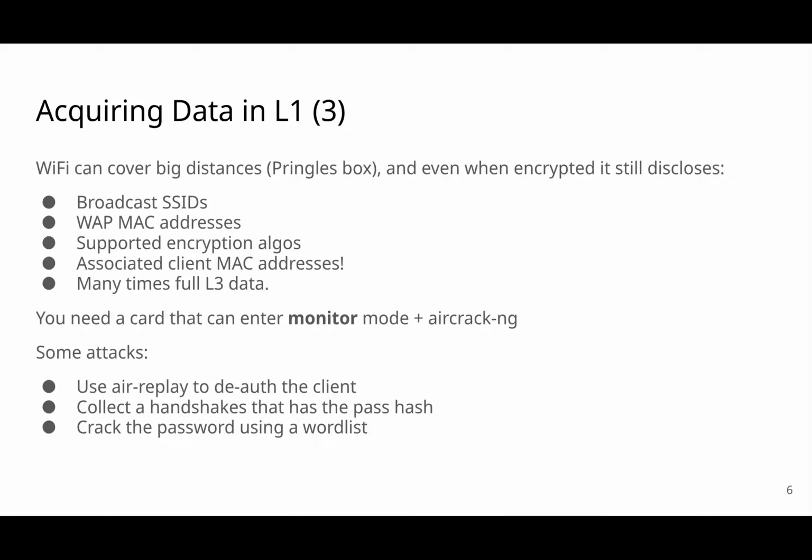Usually a card having an Atheros chipset, you might want to buy certain cards like that. On Unix systems, they will allow you to enter monitor mode, but there are other makers that also allow you to do that. Then, if you're on Unix, there is this suite of programs called Aircrack-ng, for next generation. There used to be another Aircrack, and you can use certain programs from that suite to acquire wireless data.